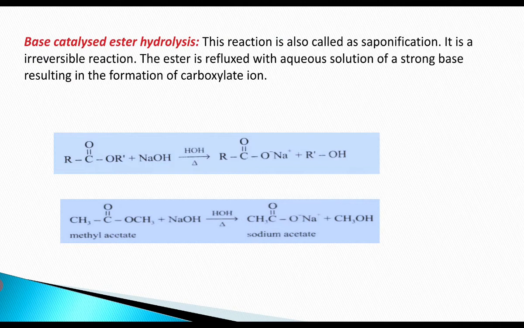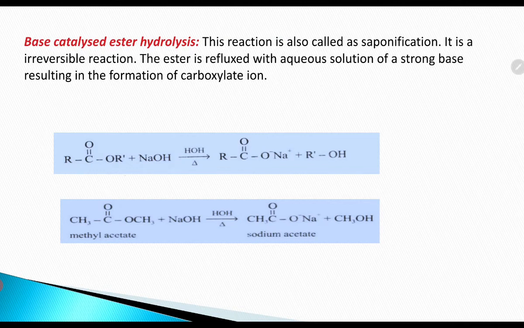The ester is refluxed with an aqueous solution of a strong base like sodium hydroxide, resulting in the formation of the carboxylate ion. This carboxylate ion does not react with the alcohol, therefore this is not a reversible reaction.